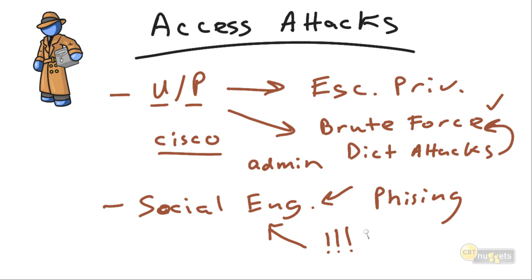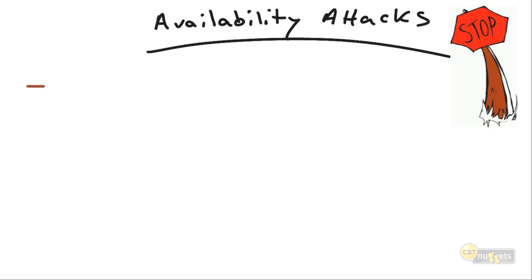Really get them to help us mitigate things like username and password types of attacks and social engineering attacks. But what category of attack probably keeps most network engineers up late at night?